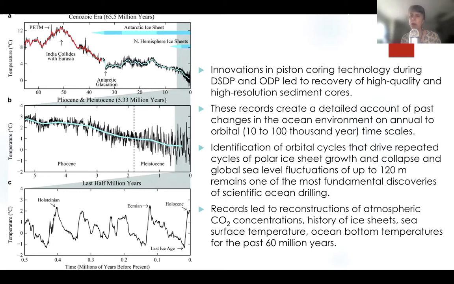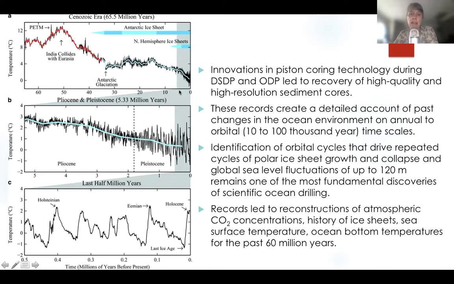And within that, we've been able to identify orbital cycles, and that lead to the repeated cycles of polar ice sheet growth and collapse, and the large sea level fluctuations of up to 120 meters on the planet. So I showed you the 50 million year cooling through the Cenozoic and the development of the Antarctic ice sheet and the Northern Hemisphere ice sheets.